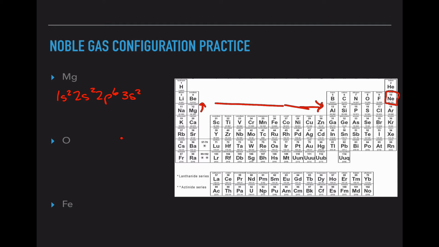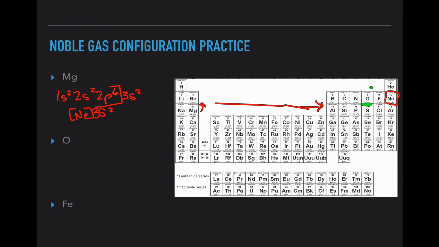And neon has a full configuration of the 2p6 level. So instead of writing these first three, I can just replace it with Ne, and that cuts out this entire section. After I cut that section out, all I have to do is write what comes after it, which is the 3s2 level.